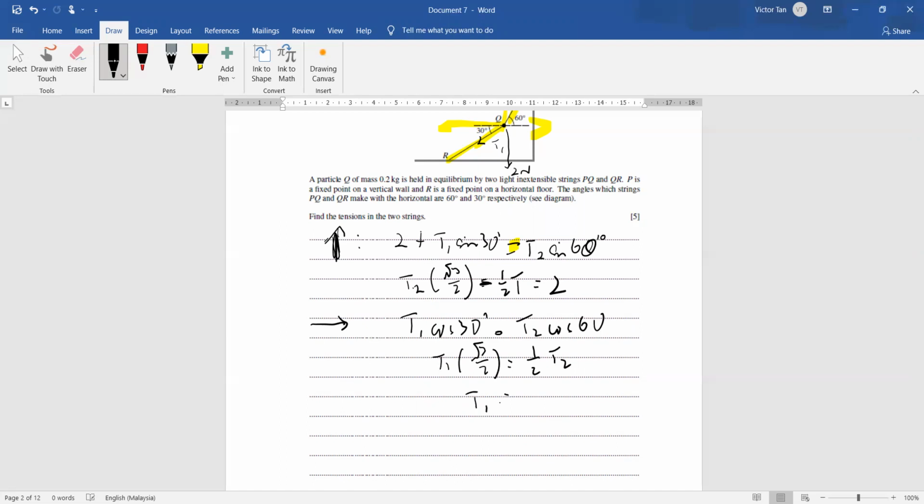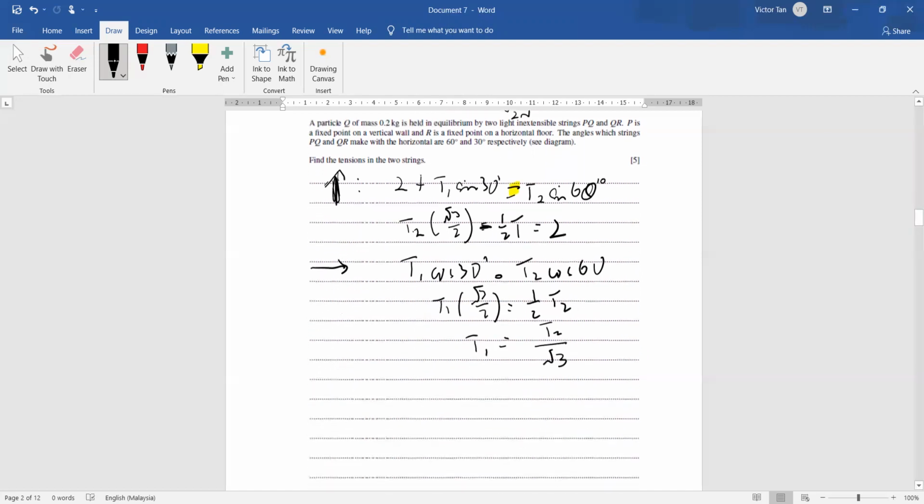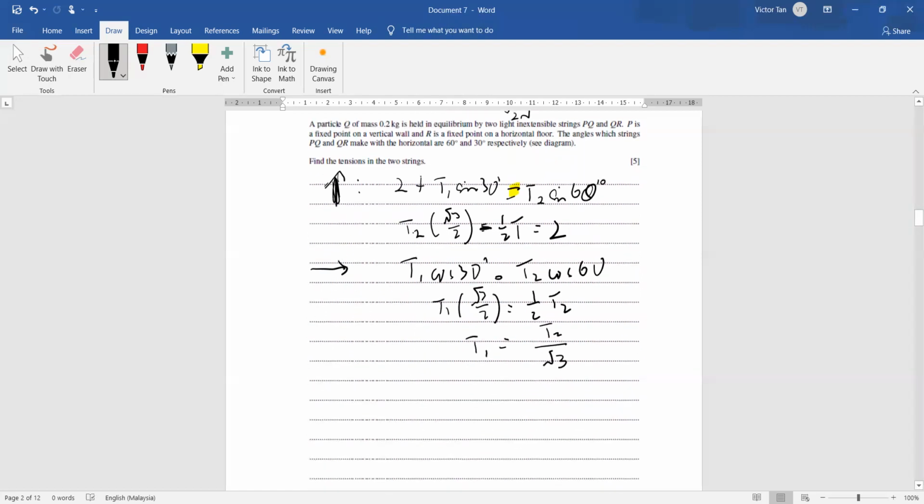T1 equals T2 over root 3. Substituting into the first equation, oops, this is T1.